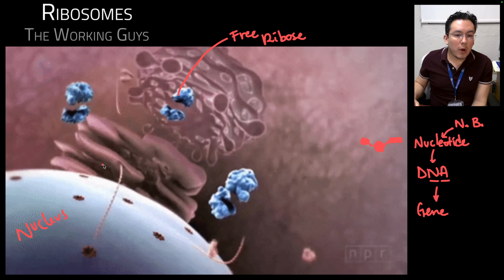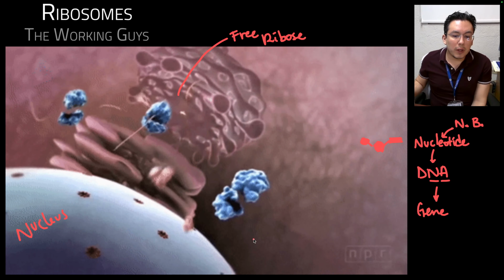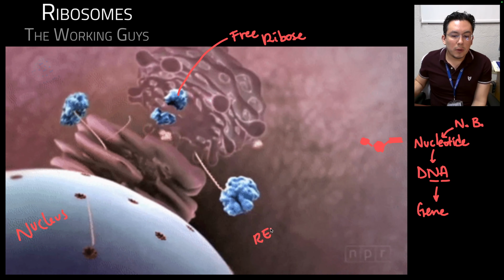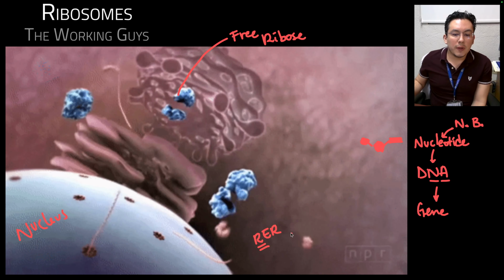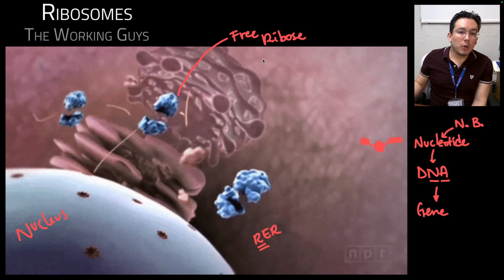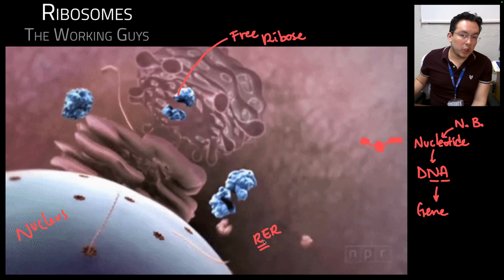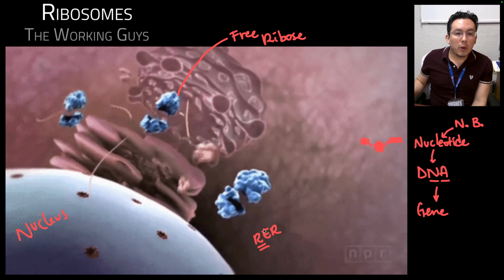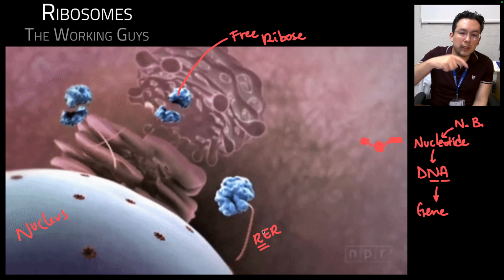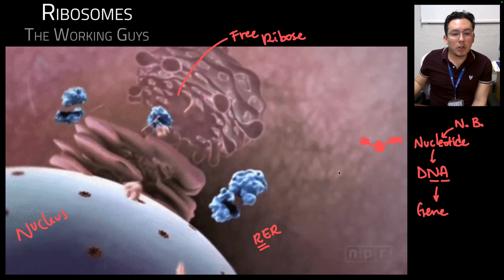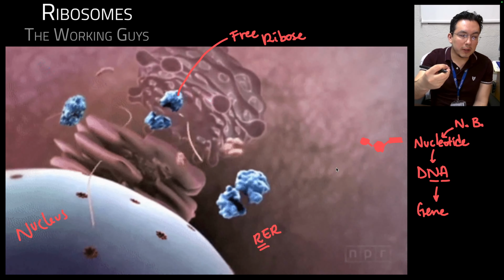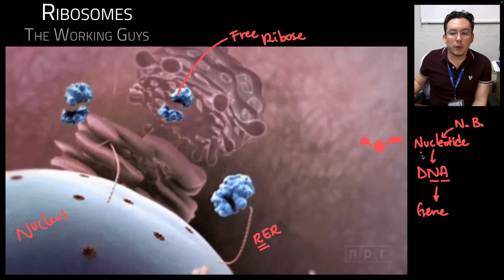But we can also have the rough endoplasmic reticulum with those ribosomes attached to it. So either free ribosomes or rough endoplasmic reticulum, which contain ribosomes, by the way, will be the ones responsible to convert this genetic information into the final product, which is the protein, right?